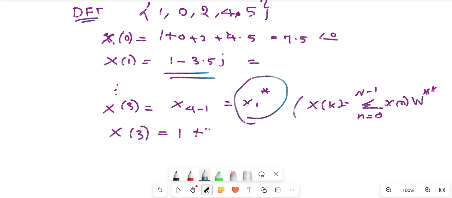So 1 plus 3.5j. So like this you can write. So X of N minus k. So what is that?